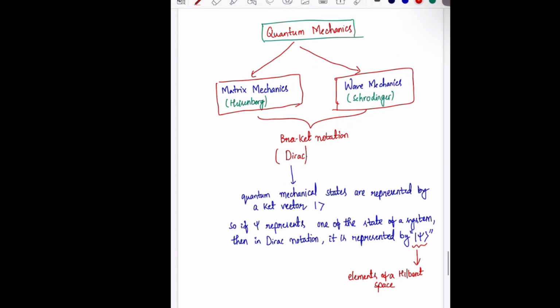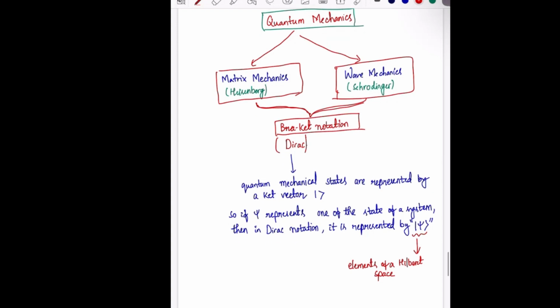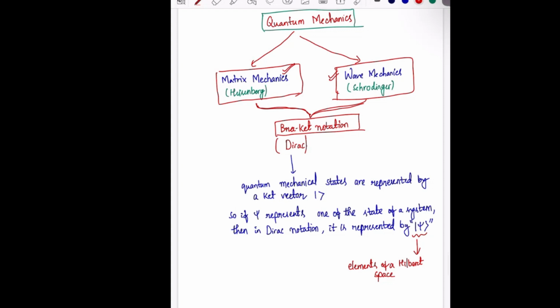The most common one used today is the Dirac bracket notation, because this is the single formalism which contains both concepts. You can write the bracket notation in matrix mechanics, and you can also use bracket notation to solve problems in wave mechanics.